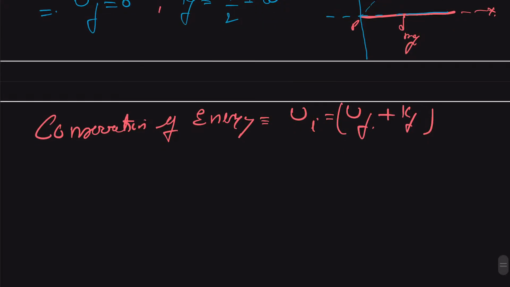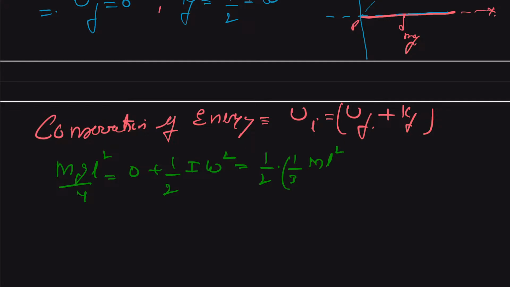Therefore U of I, mg L by 4, is equal to 0 plus 1 by 2 I omega square, and I we already know is 1 by 3 ml square times omega square.